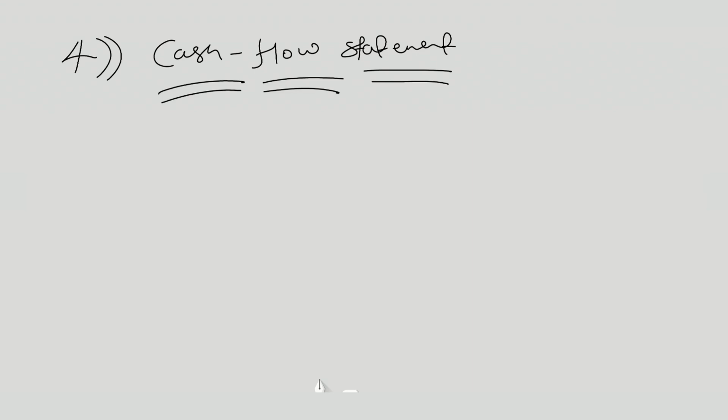All these things are considered while preparing the cash flow statement. So this chapter is going to be one of the important chapters for the entire syllabus. So this is all about the syllabus for class 12th.